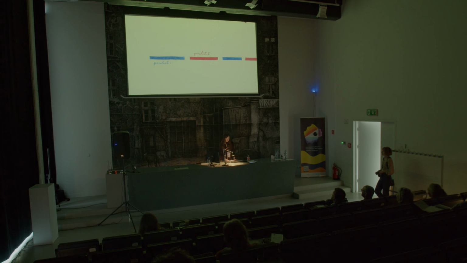Maybe you have already seen this graph from the field of robotics about the uncanny valley hypothesis. On this x-axis, there is human likeness. So it goes from not similar to human at all, to 100% similar.